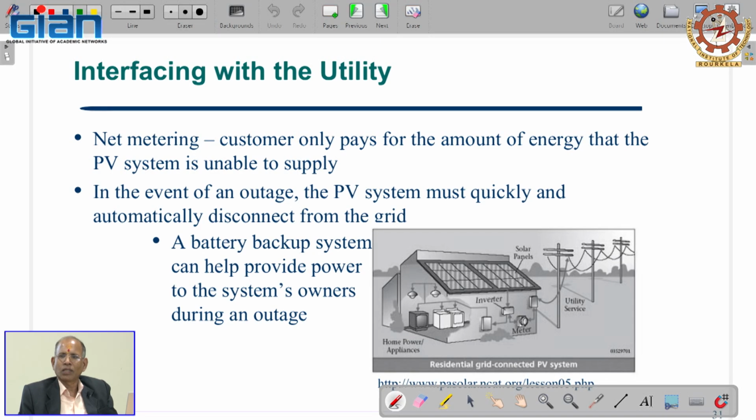And then again, when you are taking from the grid, how much is the price? When you are feeding power into the grid, it may not be the same. There could be a difference as well, because they are managing, they have more overhead charges. So when you are buying, it is costly.